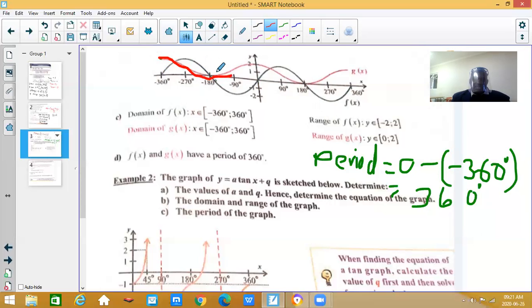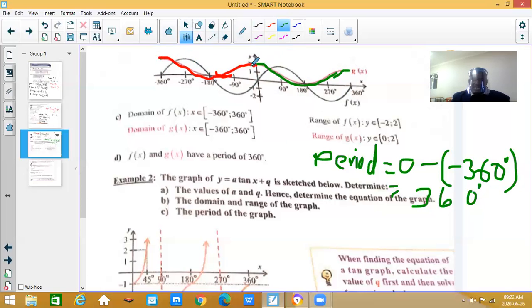Now it goes up there. From this portion, the part that we had is showing up again, so this one is now repeating.